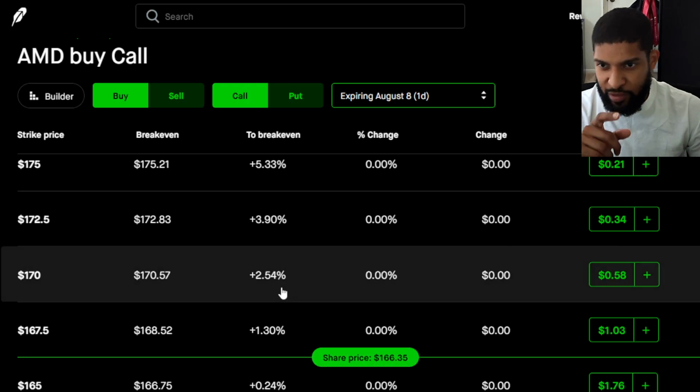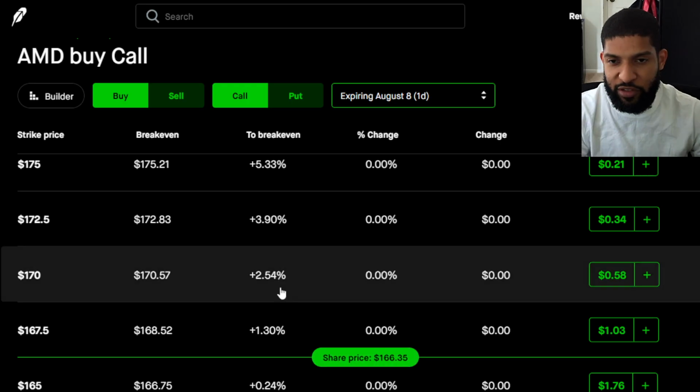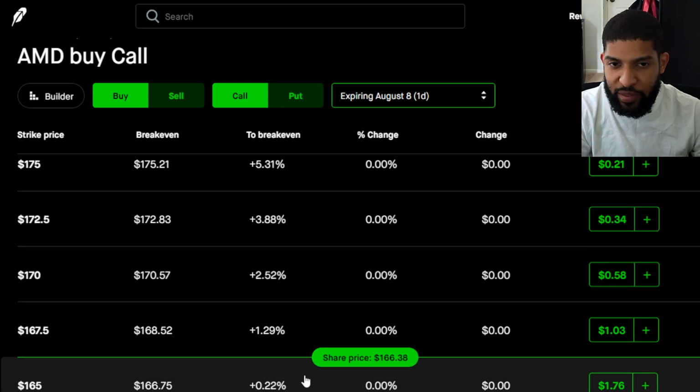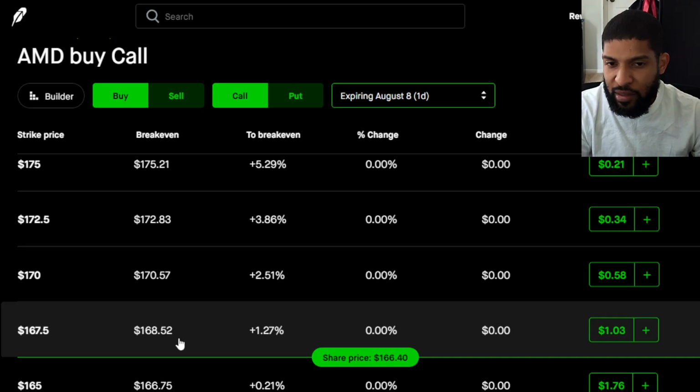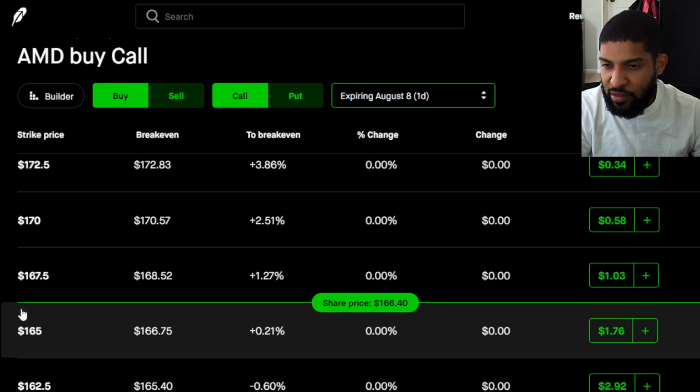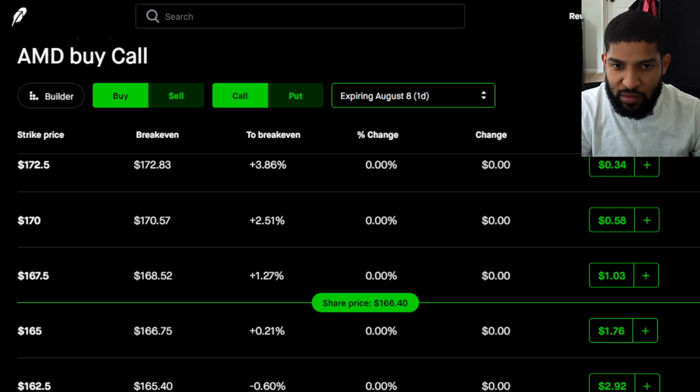Now, another thing I want to touch on is being in the money and out of the money. So, in the money is... Let's do the 160 strike price. This contract is in the money. Why?